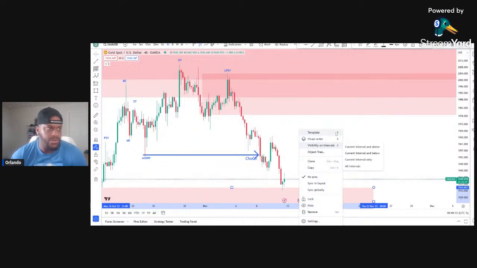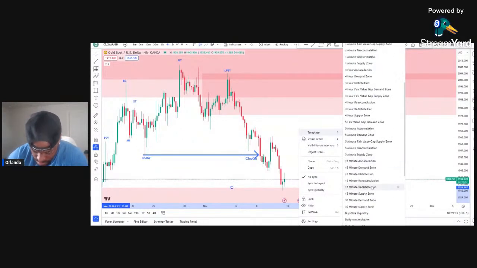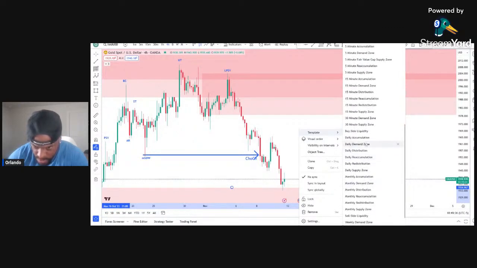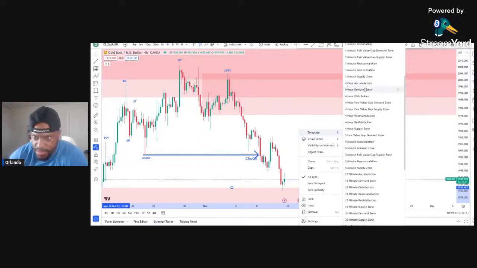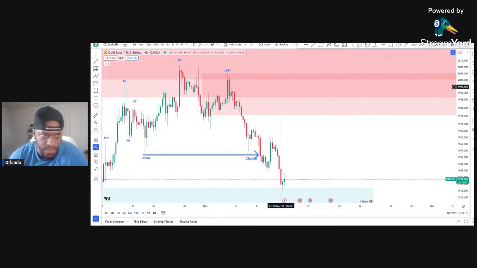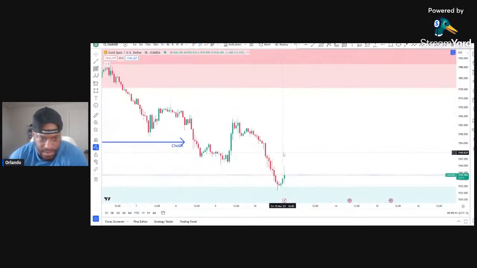Mark this as a 4 hour demand zone. Let's see. We're there, 4 hour demand zone. All right, cool. So now let's go to a lower time frame and tap in.